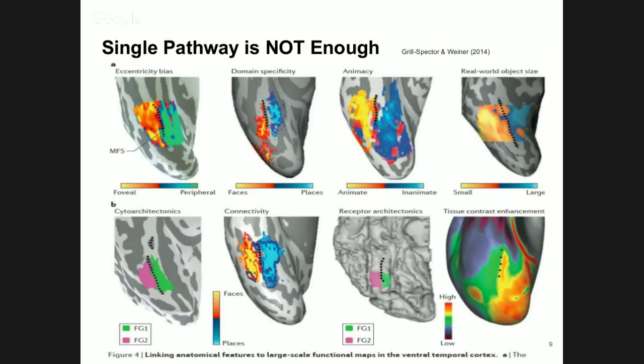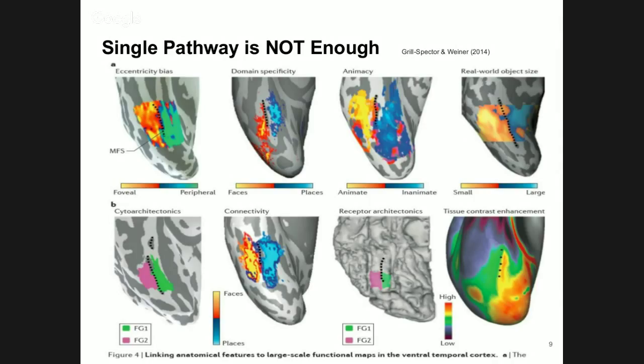In terms of the anatomical properties, for example the cytoarchitectonics, the density of the cells in one region is much higher than in the other, which suggests that the properties of the different regions along the middle fusiform sulcus are pretty distinct. So wait, the green in the lower left has a higher density? Lower density. Yeah, lower density. So the face region to the left has a higher density. Yes.